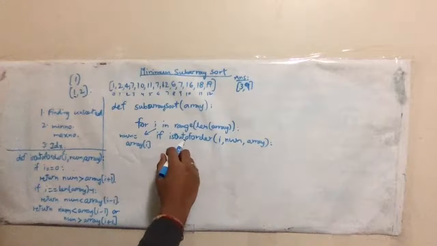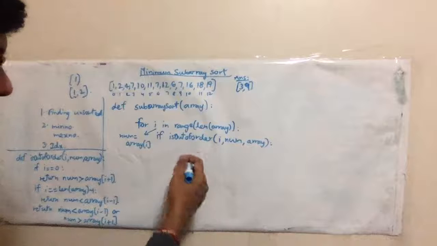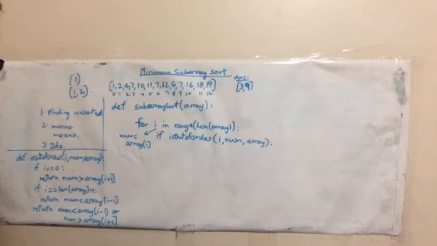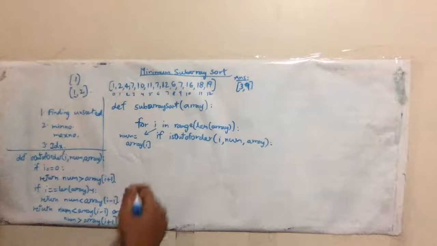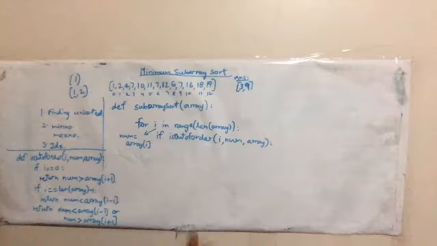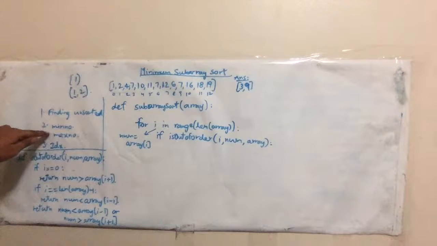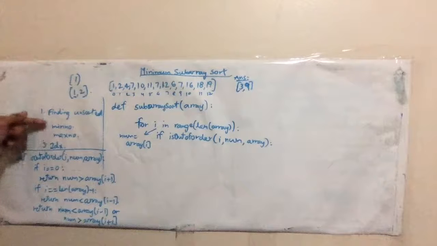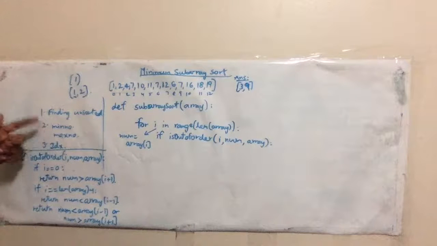Okay, so if a specific element became out of order, then what we need to do is find the minimum and maximum. That is one of the important things here. The second, we try to find the unsorted, and finally we find the minimum and maximum numbers.